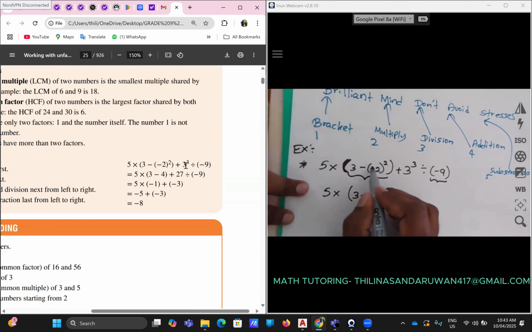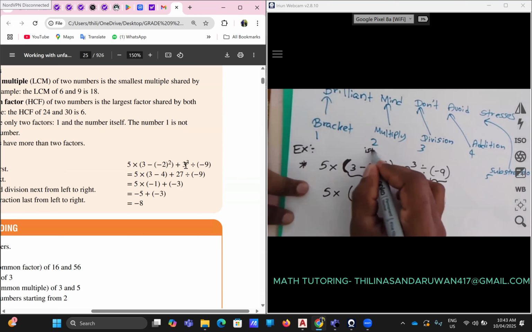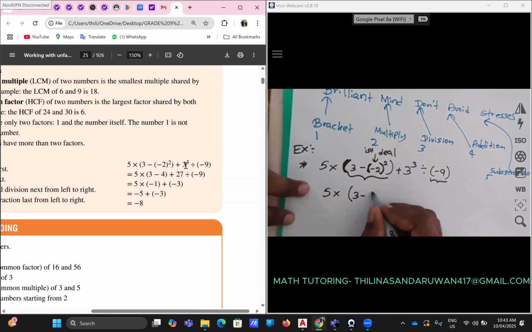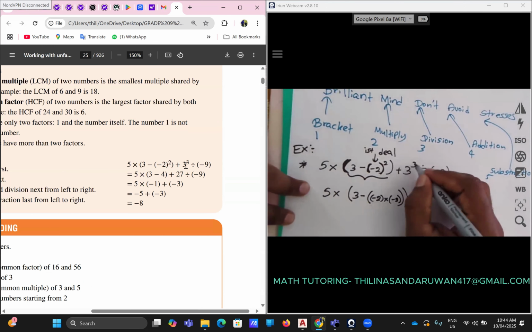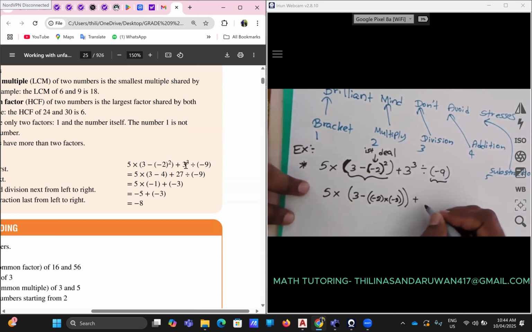If there is another bracket, you should deal with this one first. Minus 2 to the power of 2 means minus 2 multiplied by minus 2. And you can deal with this one as well. 3 to the power of 3 divided by minus 9.